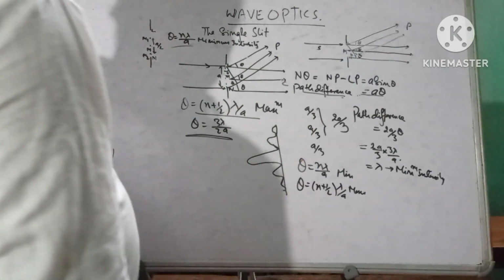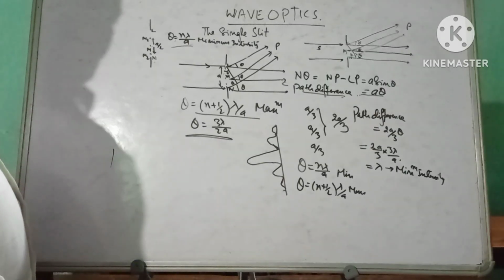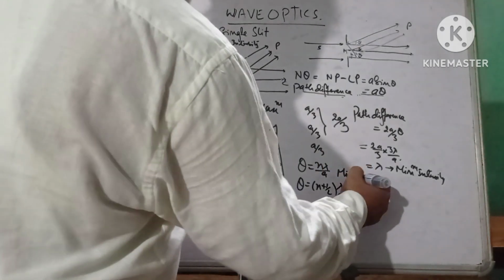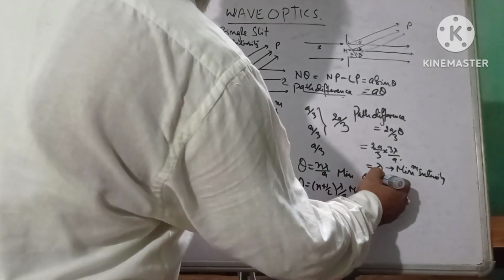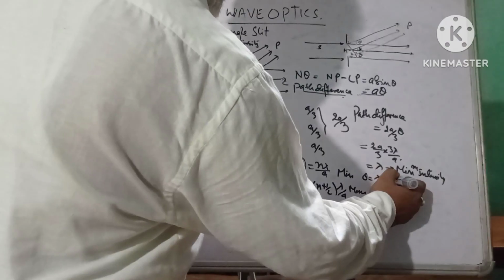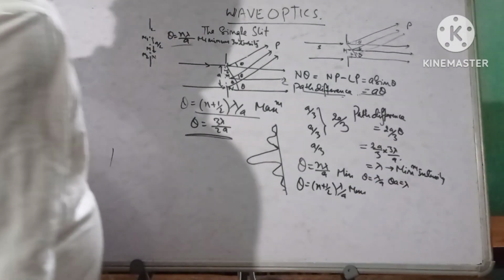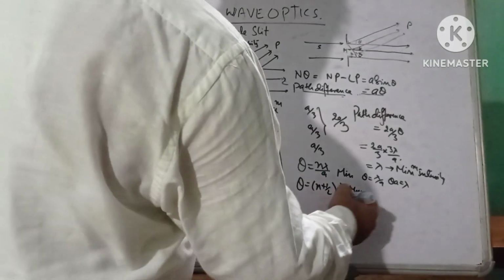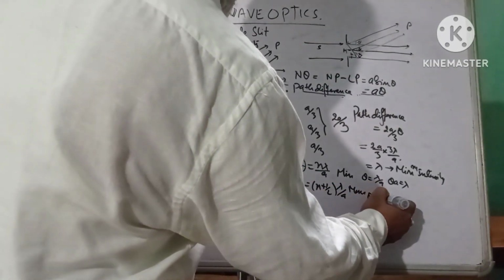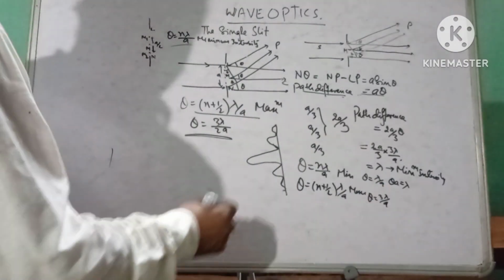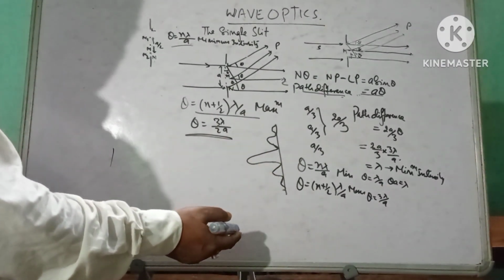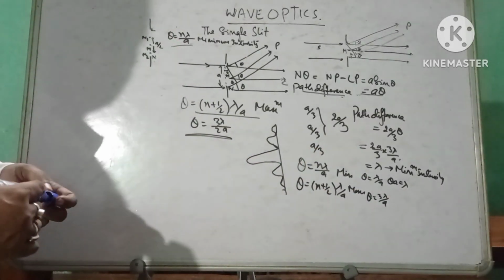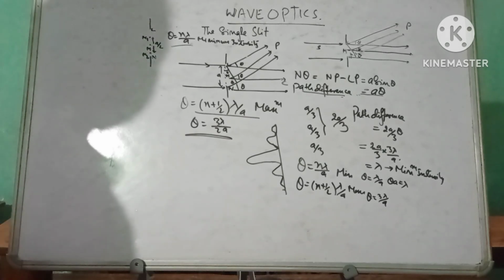When theta is equal to lambda by a, that means theta a is equal to lambda, the intensity is minimum, and that has been explained to you. And when you take theta equal to 3 lambda by a, they have explained why the amplitude of the next maxima decreases. So this is all about the single slit. Thank you.